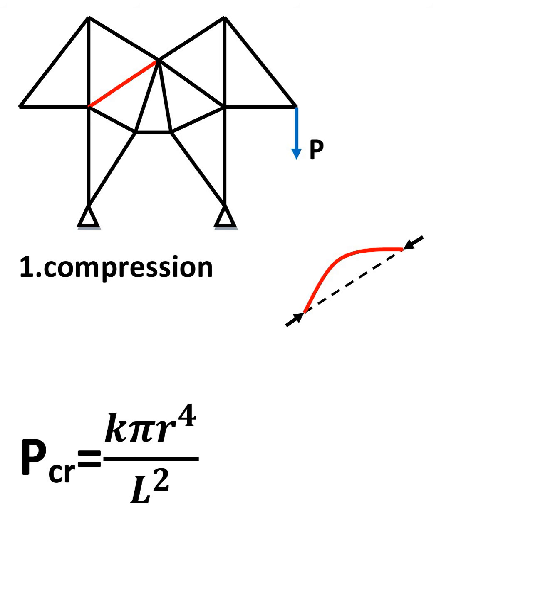This is the value of the critical load for a member with circular cross-section, or a member with the shape of a cylinder. Here K and pi are just constants, and R is the radius of the cross-section, and L is the length of the member, here the red one.